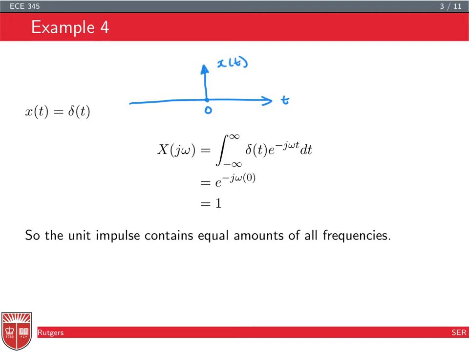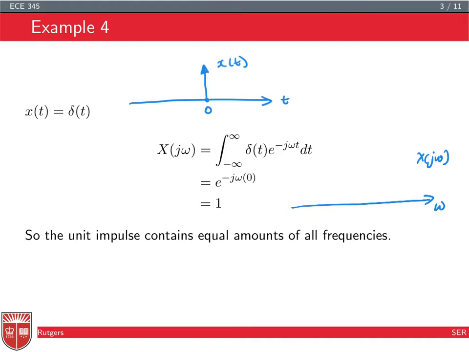So notice here that X of j omega is a constant function. If you want to draw it, this is omega, and this is X of j omega. Because it's real, I don't need to draw the amplitude and the phase; the amplitude is exactly the function itself.